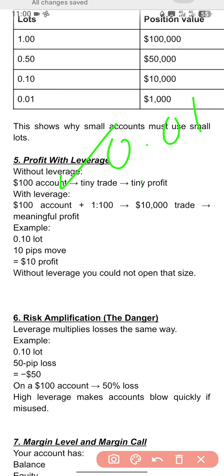If it allows mini lots like 0.001 and so forth, then you can open a trade with your $100 without leverage. But there are no brokers which allow that; the minimum lot in all brokers is 0.01 lot size.